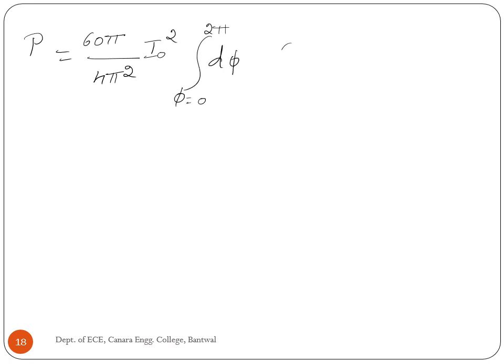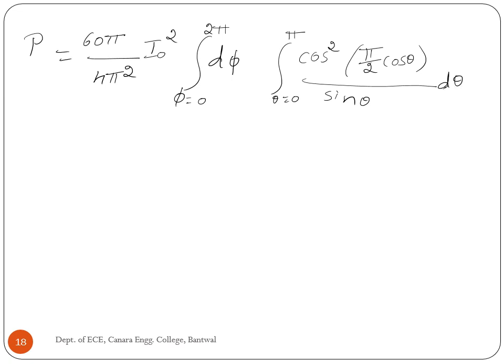From the previous line, radiated power is equal to 60 pi divided by 4 pi square into I naught square, integral of d phi from 0 to 2 pi, and integral theta equal to 0 to pi of cos square of pi by 2 cos theta divided by sin theta d theta.